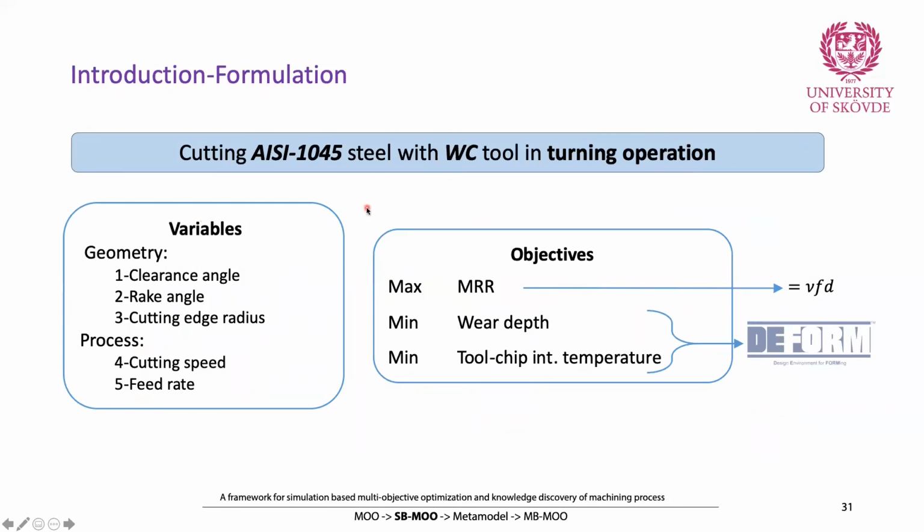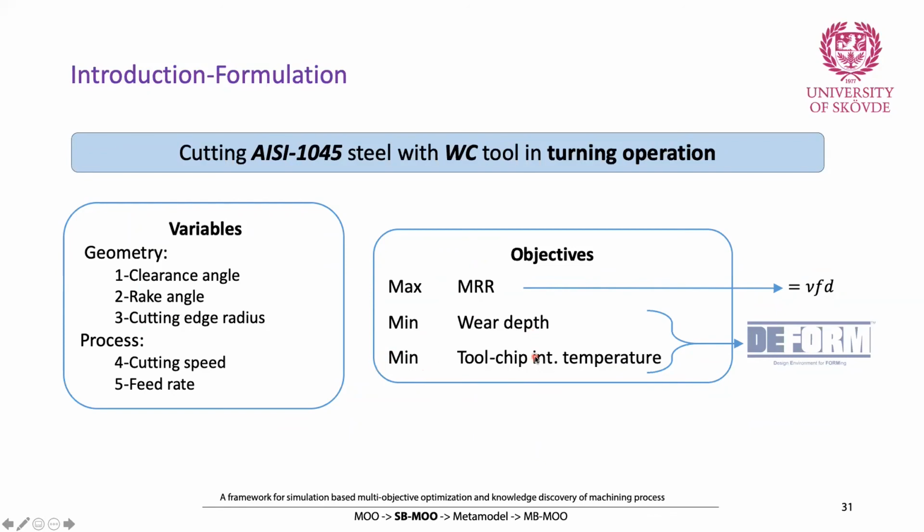The case study was cutting AISI 1045 steel with a carbide tool in a turning operation. I had three objectives. One objective was material removal rate, which is obtained with a simple equation. The two other objectives were wear depth and the tool-chip interface temperature.